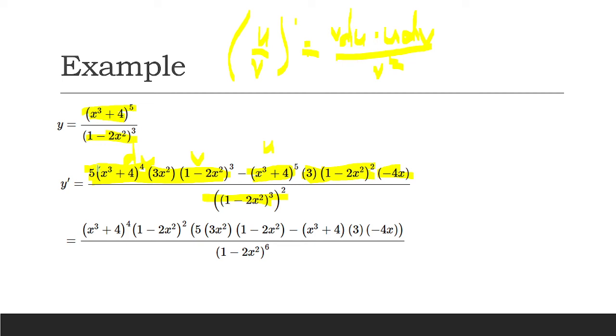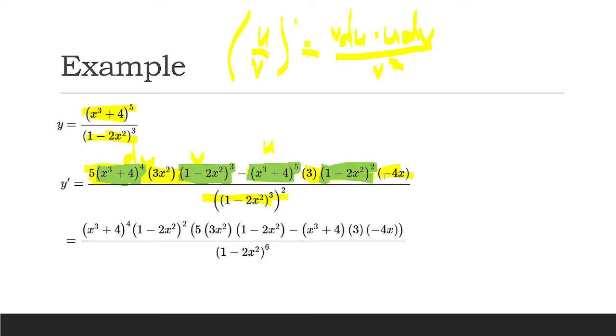The common factor is (x cubed plus 4) raised to 4. This is common in both terms because here we have (x cubed plus 4) raised to 5, and only one factor of x cubed plus 4 remains. Then we can also factor out (1 minus 2x squared) raised to 2, since we also have (1 minus 2x squared) raised to 3 here.